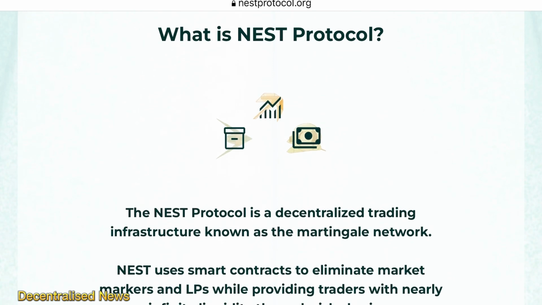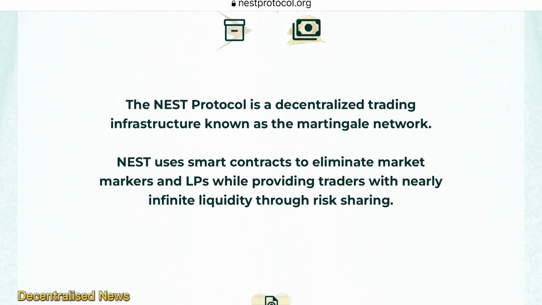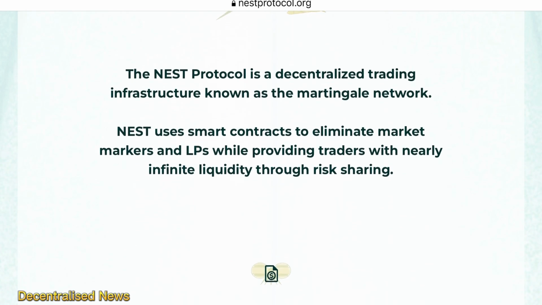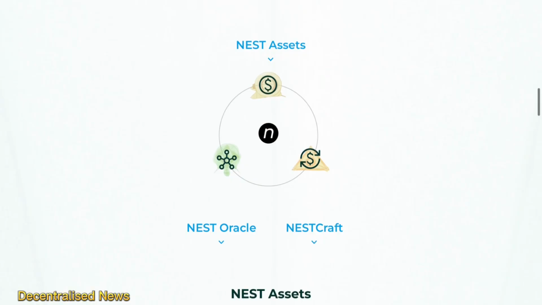So in addition to this, the NestFi Perpetual DEX itself, which is pretty much the subject of this video, Nest protocol does consist of three key components: the Nest Oracle, Nest Assets, and Nest Craft. And I'll just give you a little breakdown of what these entail.